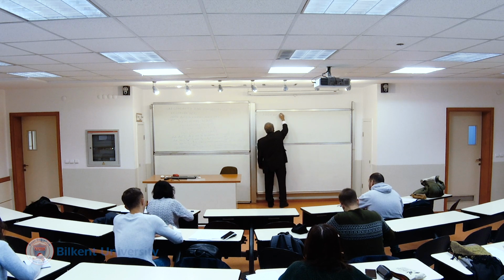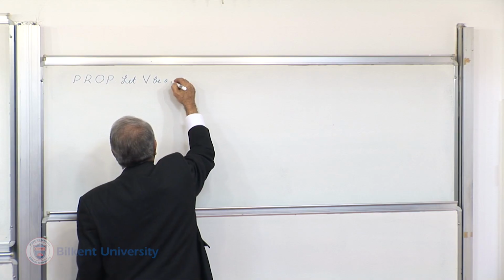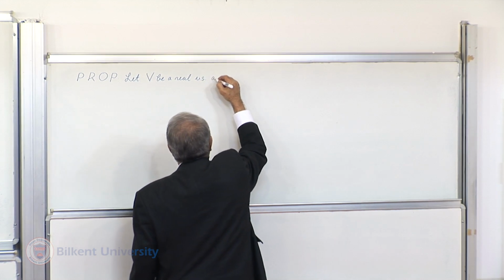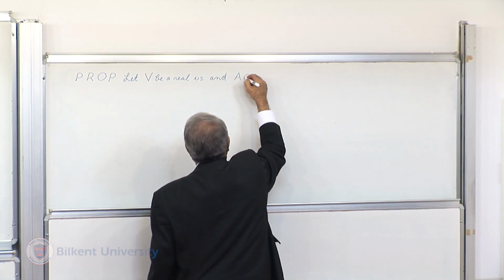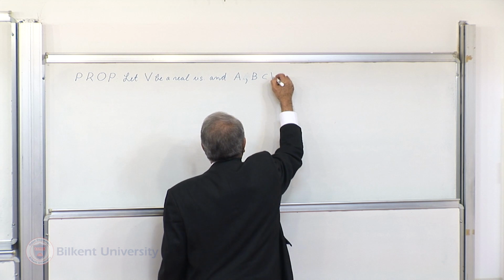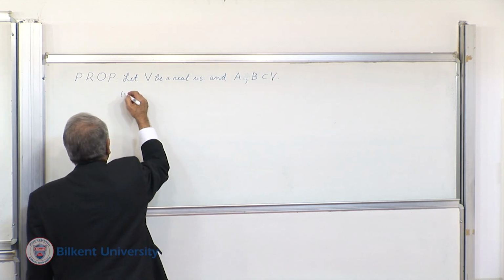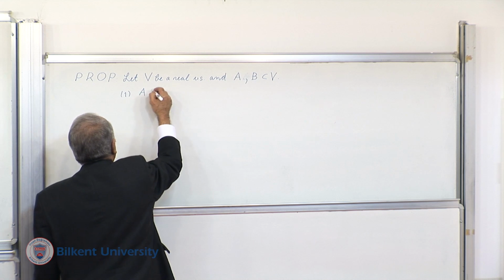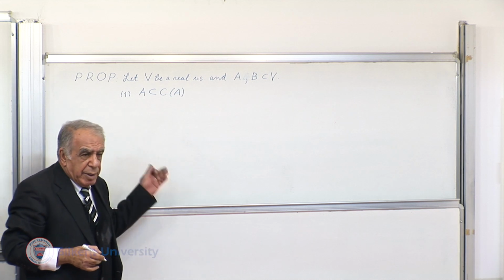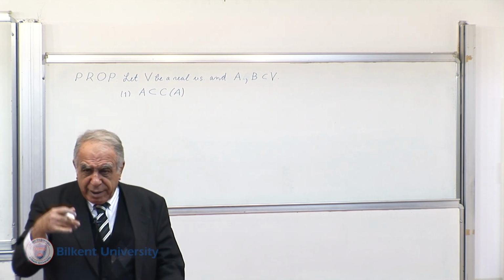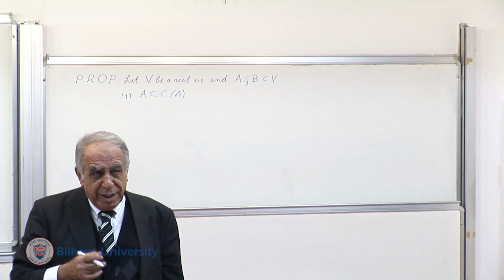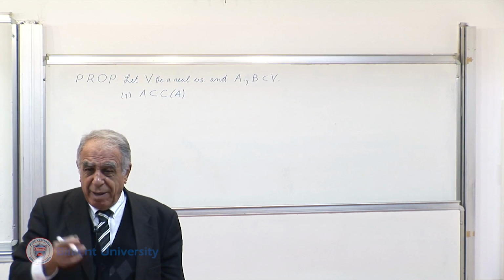Let V be a real vector space and A, B be subsets of V. 1, A is contained in C of A. Well, because if you take any member x from A, it has one convex combination, 1 times x.